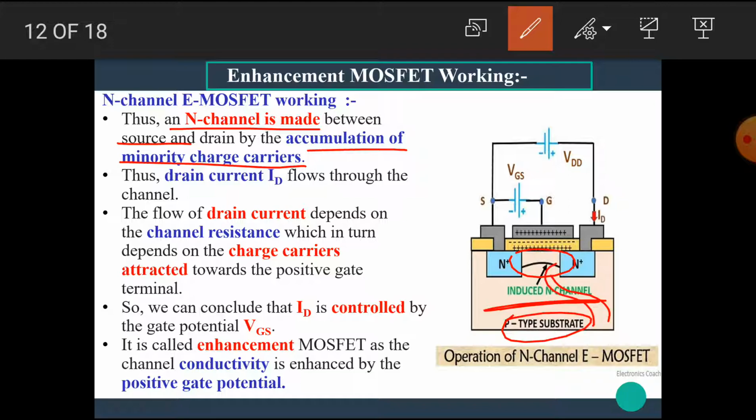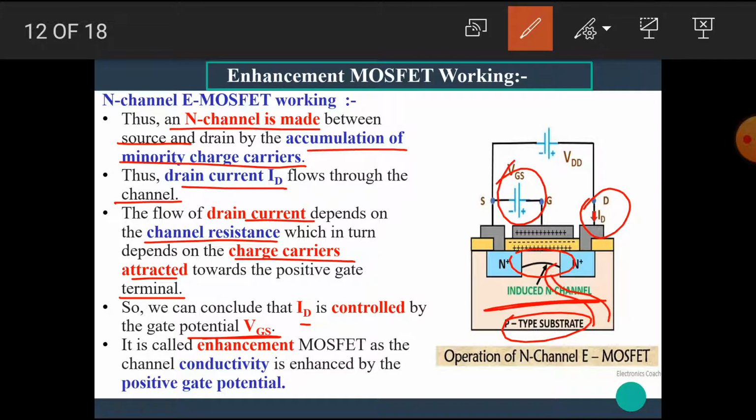Thus, the drain current ID flows through the channel. The flow of drain current depends on the channel resistance, which in turn depends on the charge carriers attracted towards the positive gate terminal. So we can conclude that ID is controlled by the gate potential VGS. That means the current ID totally depends on the value of VGS.